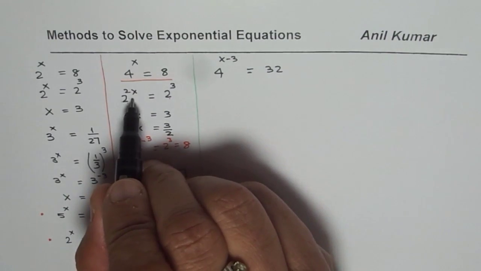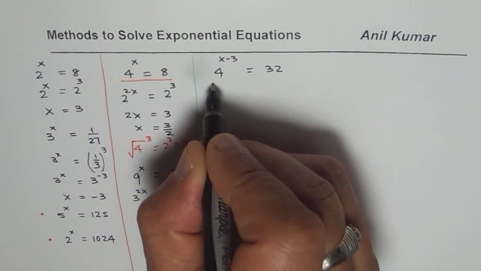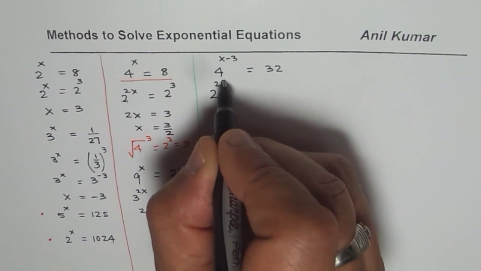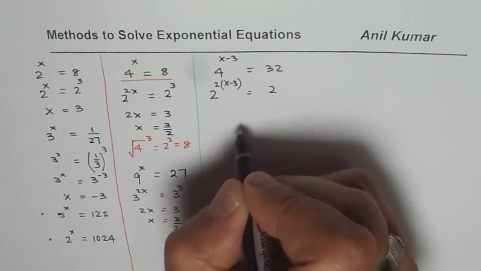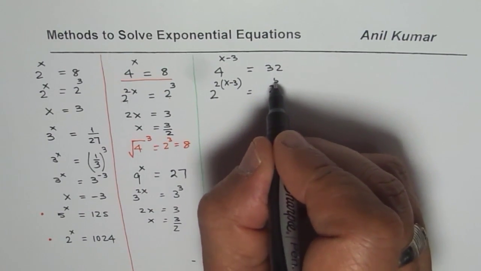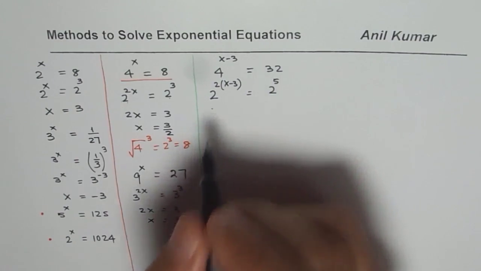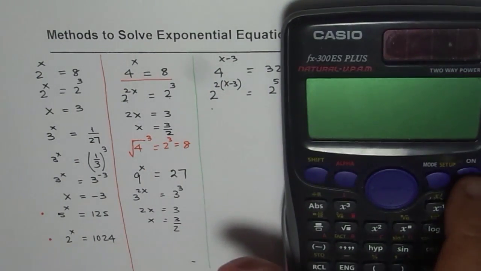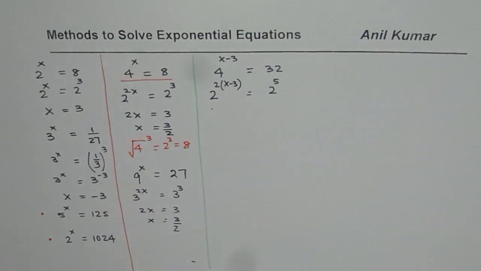As you understand from this strategy, 4 can be written as 2 square. So we go in steps: 2 square, and then it is x minus 3. 32 can be written as 2 to the power of 5. You can figure out what power will give you that base, and we can use the calculator at times.